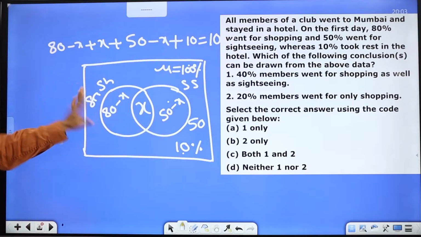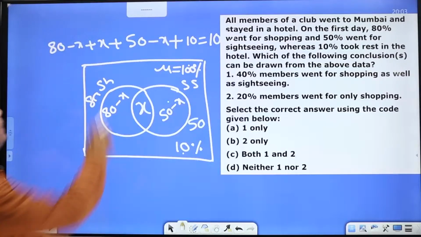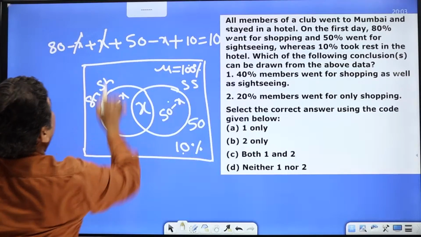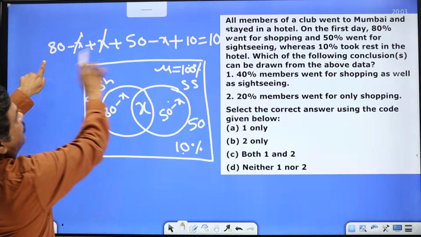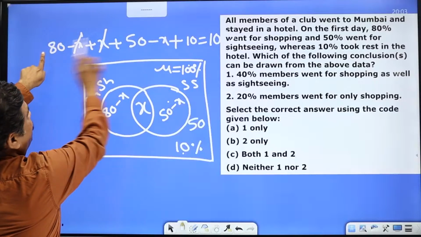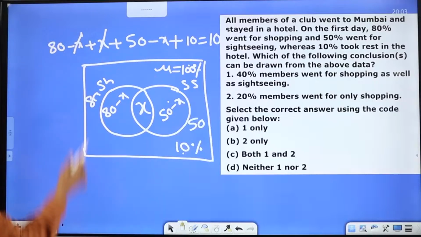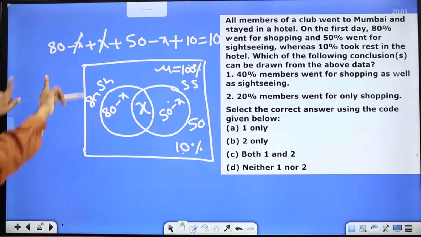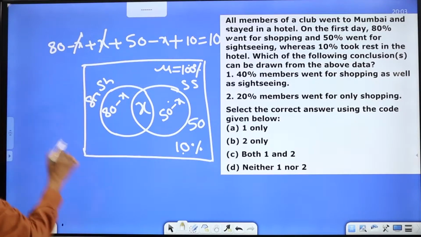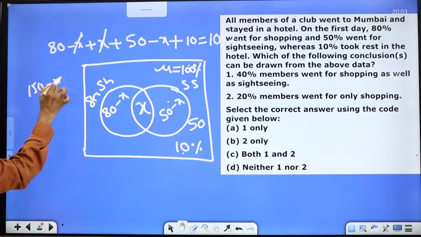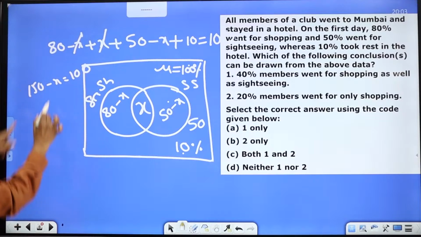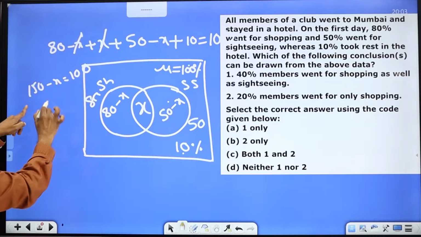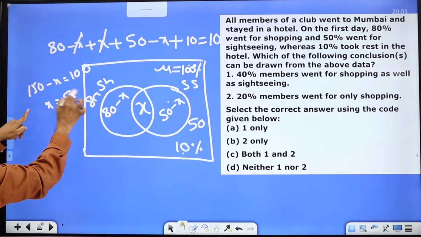Now use this quickly. This x and x cancel here. Then 80 plus 50 is 130, plus 10 is 140. 140 minus x is equal to 100. Then just take x here.